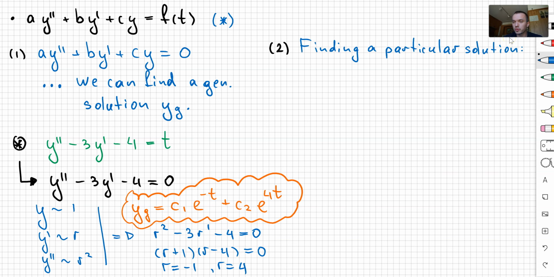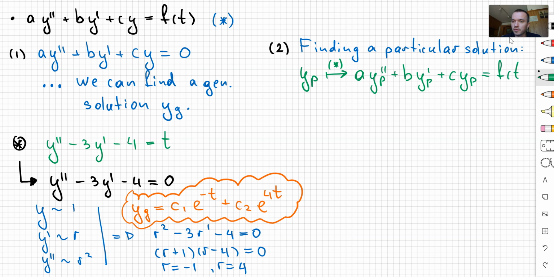So in other words, we want to find some function y particular such that if I plug it inside my differential equation, and compute the second derivative of y particular multiplied by a constant, plus the first derivative of y particular multiplied by a constant, plus the function itself, then in the end I'm going to obtain the function f of t.